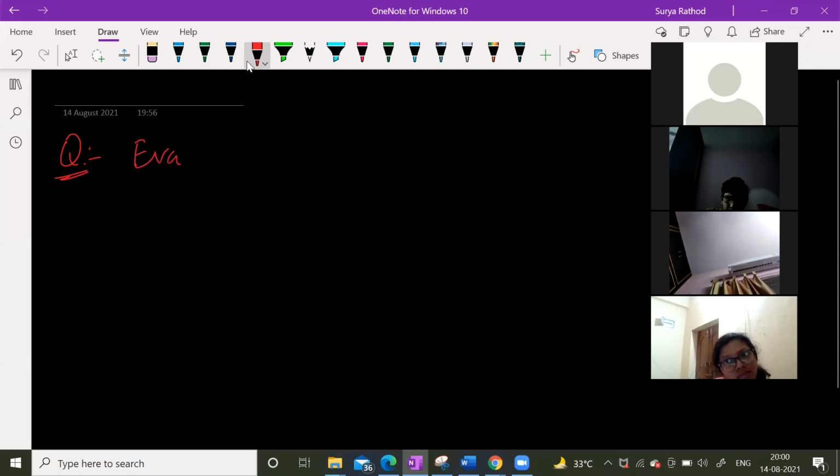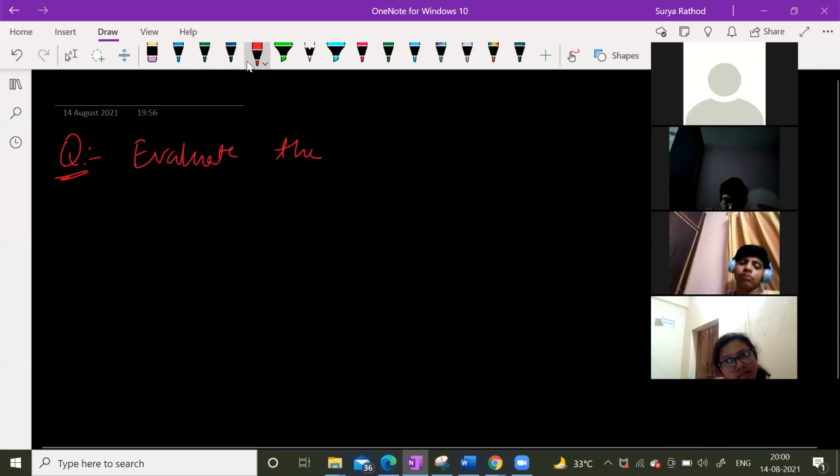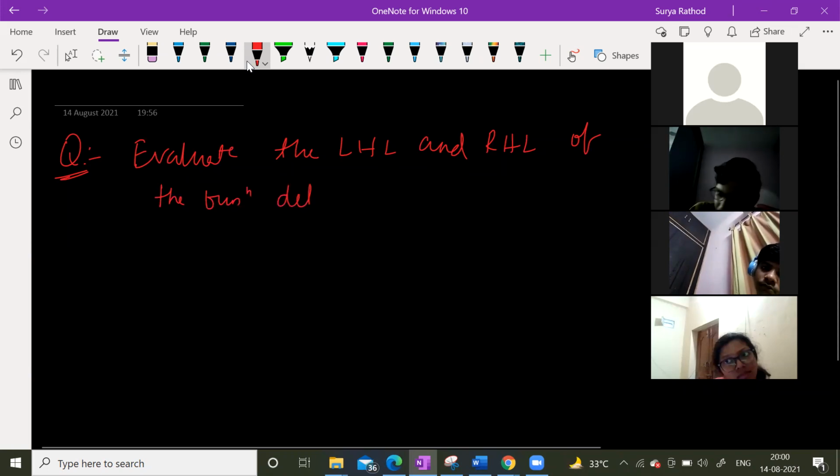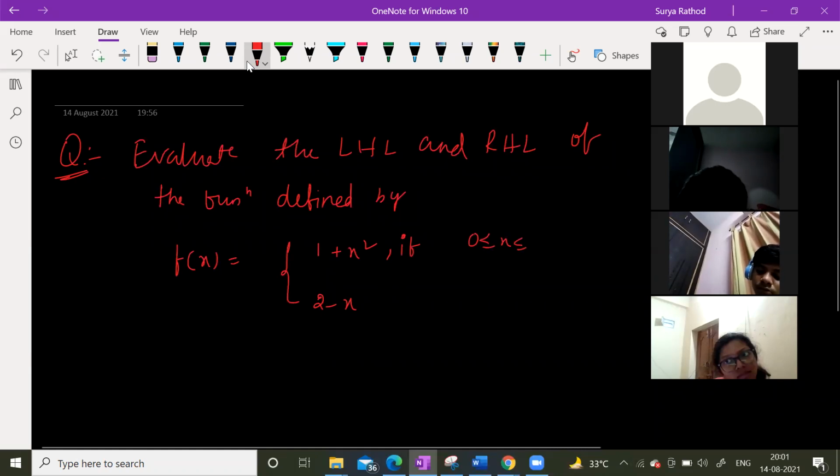Evaluate the left hand limit and right hand limit of the function defined by f of x is equal to 1 plus x square if x is less than or equal to 1, and 2 minus x if x is greater than 1.